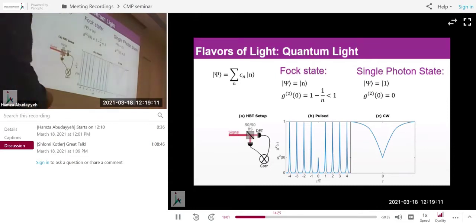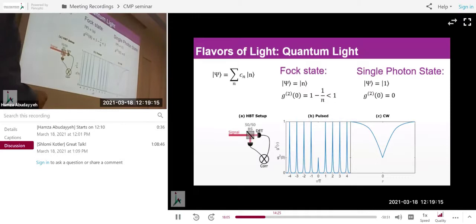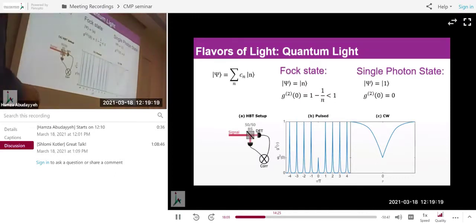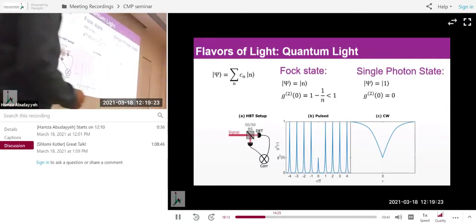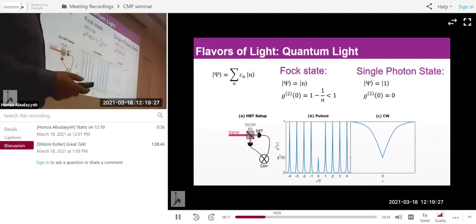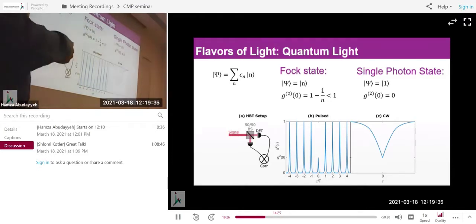So this is an example of such a second-order correlation function. If the source is pulsed, meaning it arrives at fixed times, this is how it would look. If it's arriving randomly in time, this is what it would look like. This dip in the center is an indication, again, of the quantum nature of the source. And if it goes below 0.5, it's actually considered a single photon source. Not such a good one, but a single photon source nonetheless.